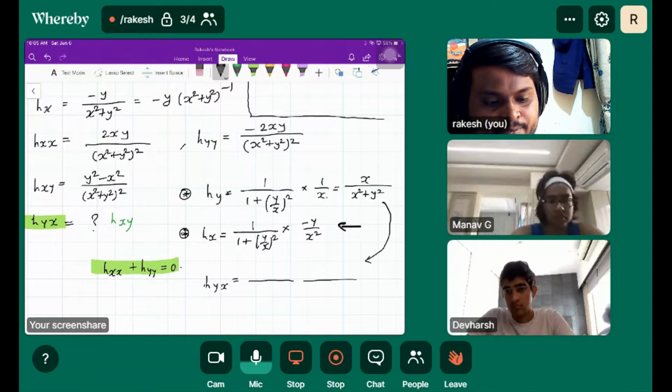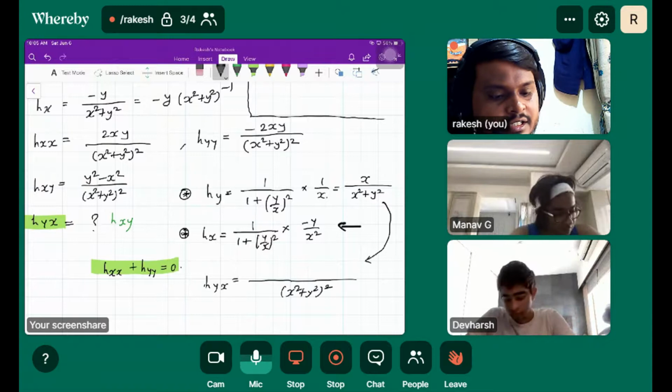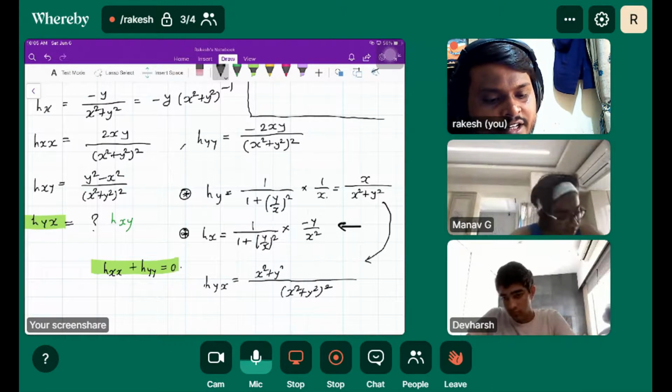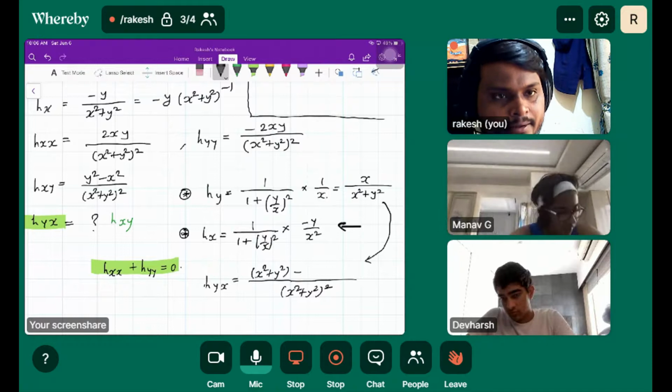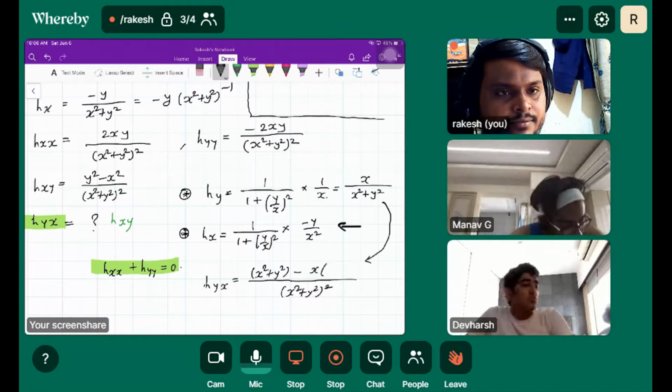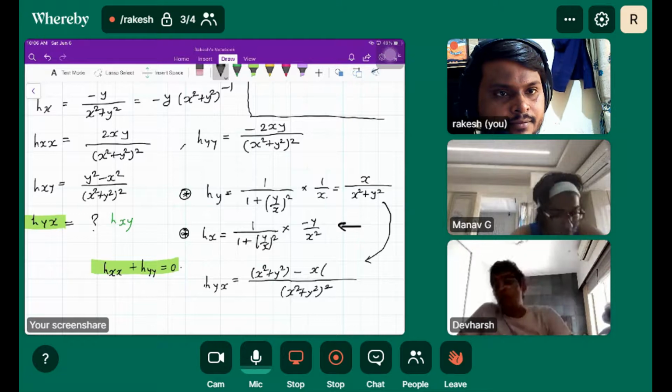So that would be: (x square plus y square) times the derivative of x, which is 1, minus x times the derivative of the denominator, which is 2x, since y square is constant and its derivative is 0.